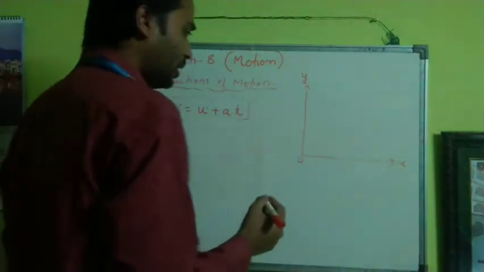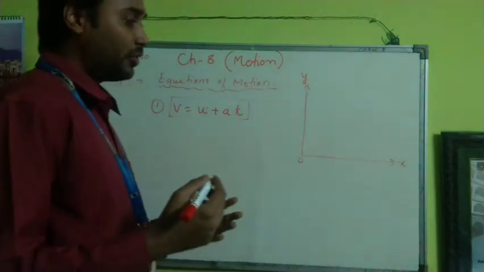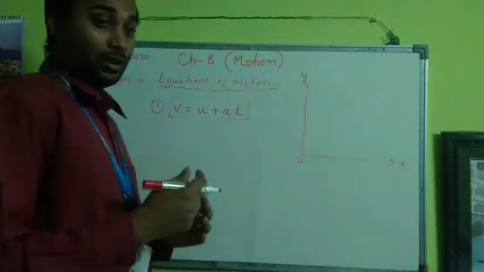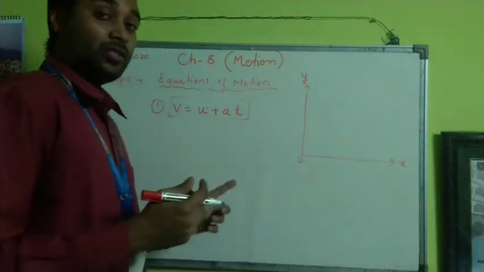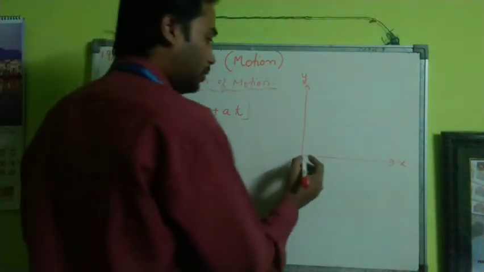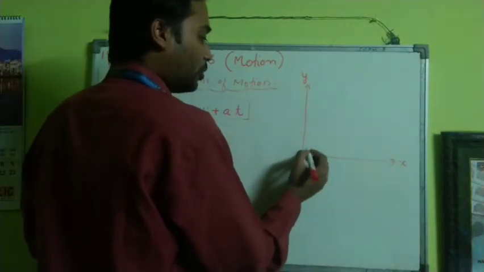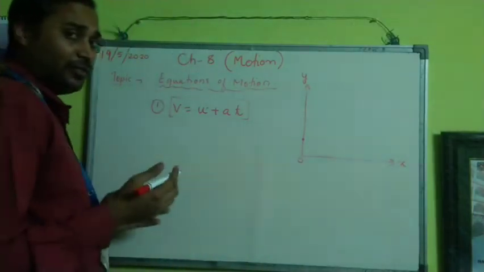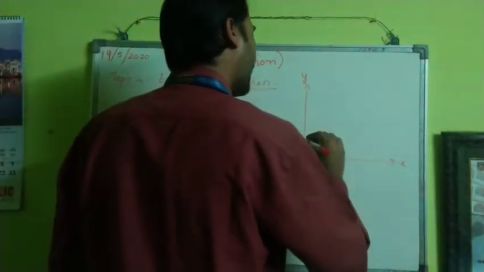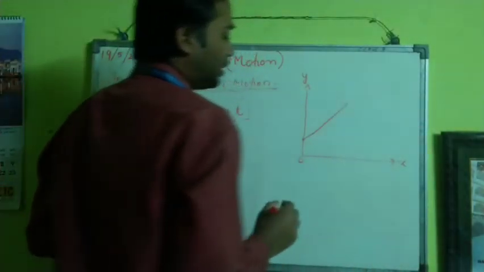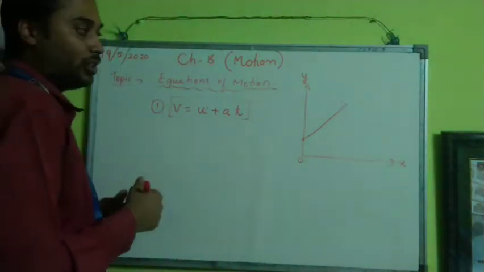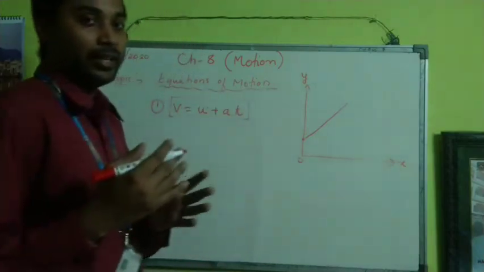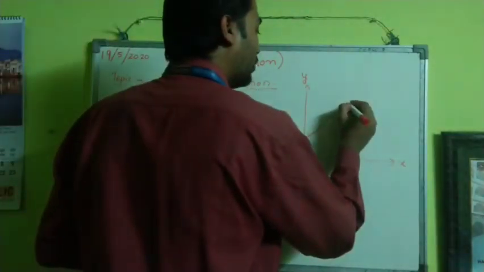Now if you remember, the graph of uniform acceleration was what? A straight line from the origin. Or if we consider that initial velocity is not zero, we will start not from origin, rather from somewhere here, and we know this will be a straight line in which the velocity keeps on increasing at the same rate. So that's why it is called uniform acceleration.